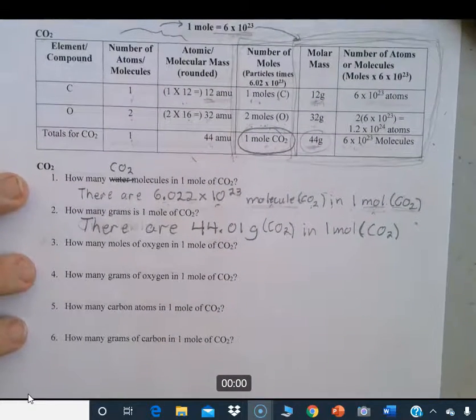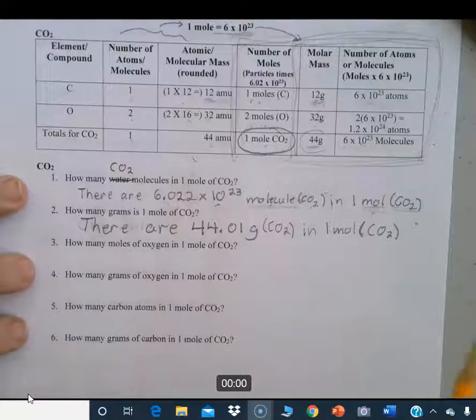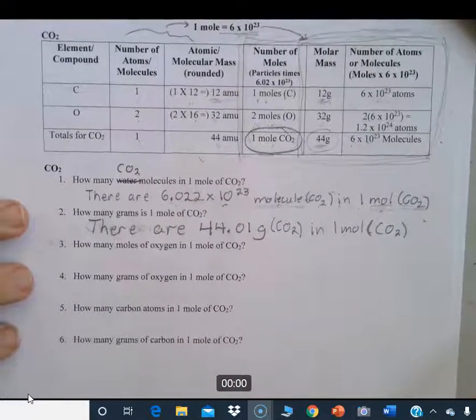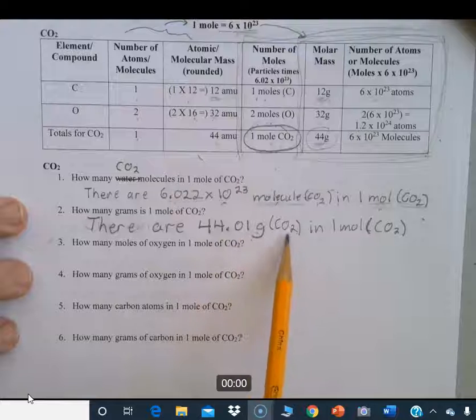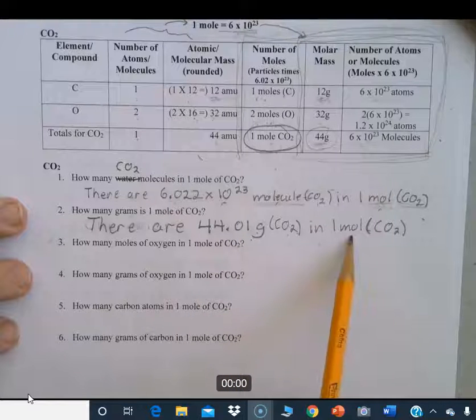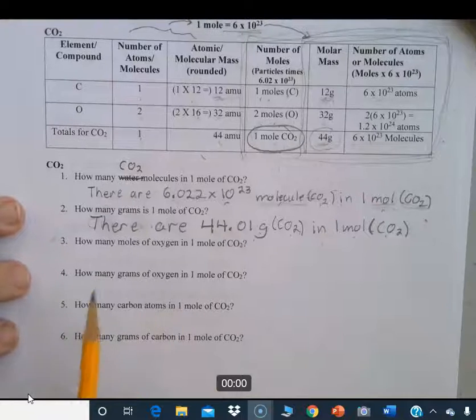Okay, so there's 44.01. Again, I'm adding the decimal on that I didn't do up here. I don't care whether you do it in this table. Do it on the rest of them though. There are 44.01 grams of CO2, so unit of measure and the substance we're talking about, in 1 mole, unit of measure, CO2.